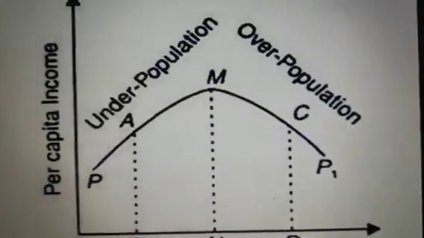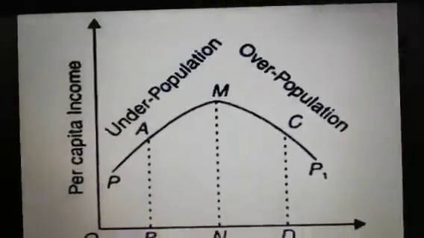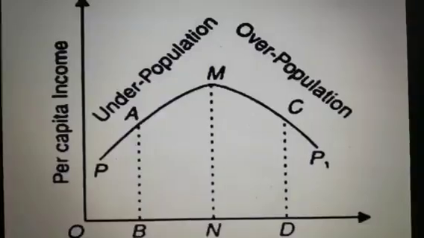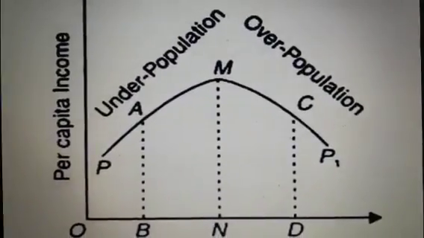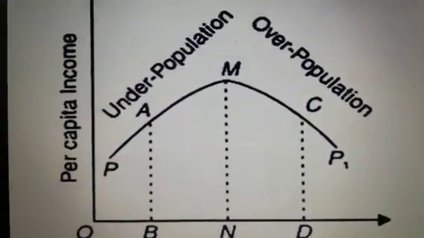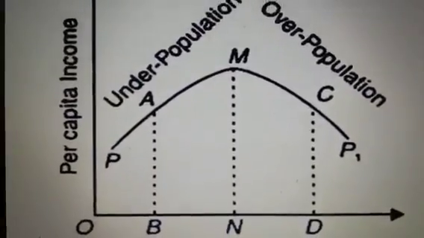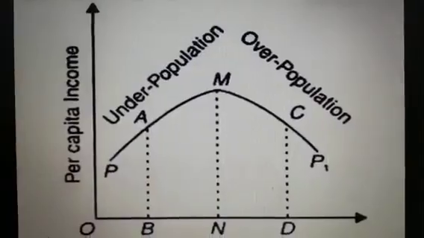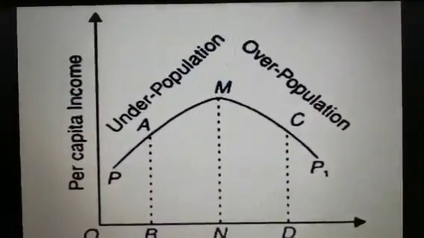Then again, when we denote this through this diagram, you can see PA to M point, then M to C point, and from P to P1 graph, this can show the underpopulation, overpopulation, and maximum population, that is the optimum population of the theory.